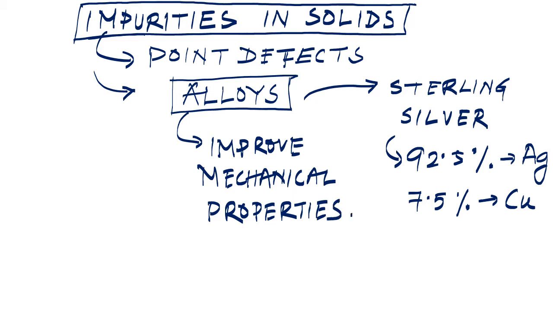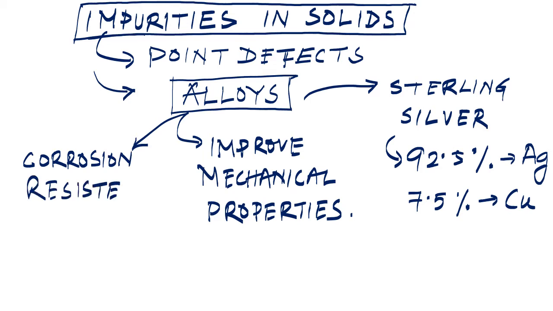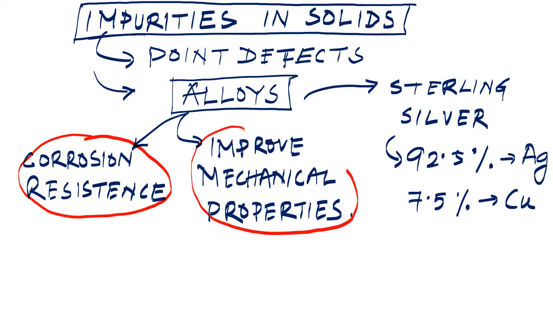And the second important thing is to resist corrosion, right? Corrosion resistance. So mainly these alloys are prepared to resist corrosion and also to improve the mechanical properties of the material.